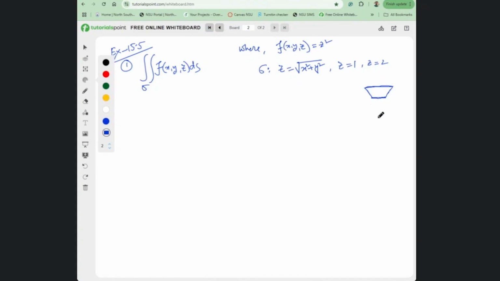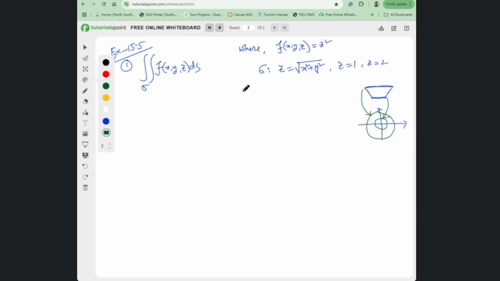If we take its position on the xy plane, what do you observe? For the lower part you will get a small circle, and for the upper part, if I consider a different color, you will get a big circle.